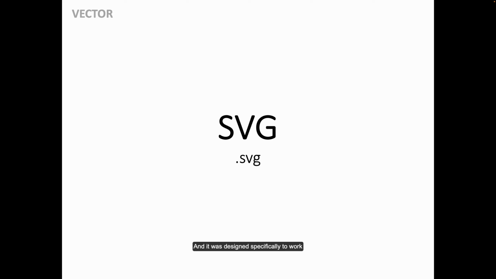And it was designed specifically to work with HTML, CSS, JavaScript, etc. So it's an XML vector-based image format for two-dimensional graphics. Vector files for web, basically. It does support interactivity, it does support animation, and it's often created with drawing software. So we're going to look at it with Adobe Illustrator.